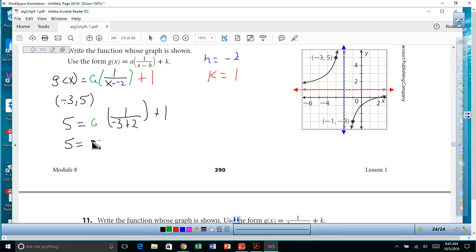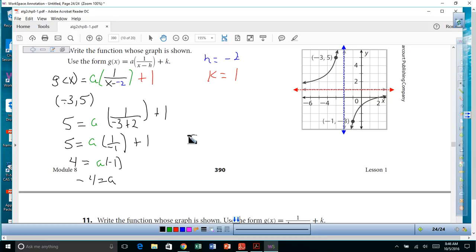We just got some arithmetic to do. And then what do we got? That's going to be 1 over negative, that's going to be -1. Plus 1. Well, let's subtract 1 from both sides, and we get 4 equals a times -1. So multiply both sides by -1, and you get negative 4 equals A.